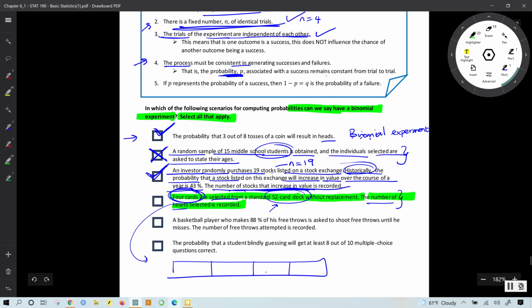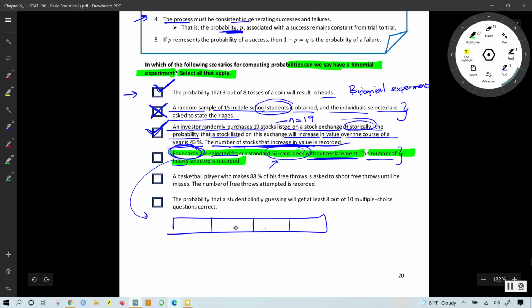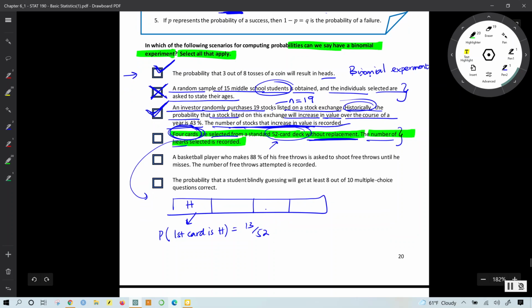Now, here's where there's a problem. These cards are selected without replacement. So the probability that the first card is a heart is 13 out of 52. That's for the first trial.